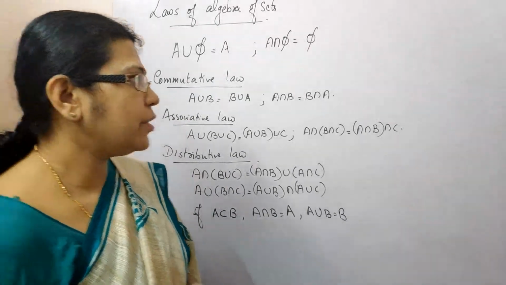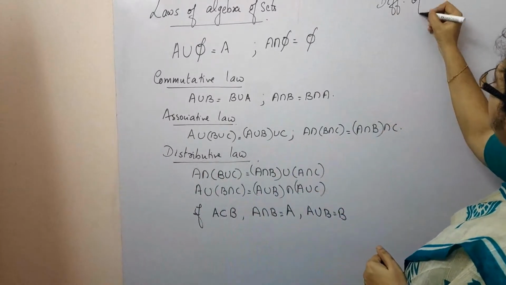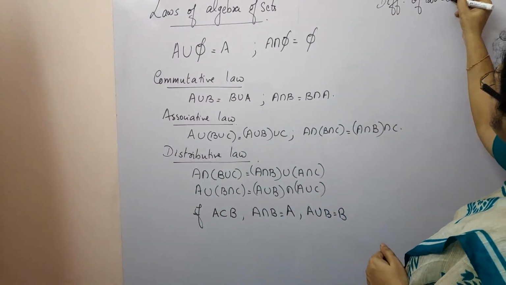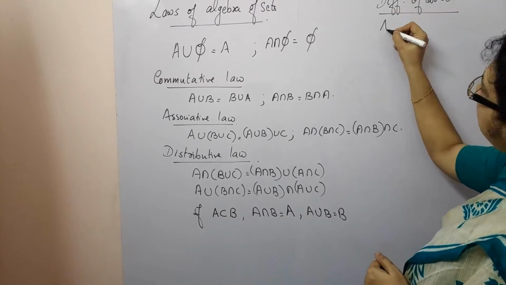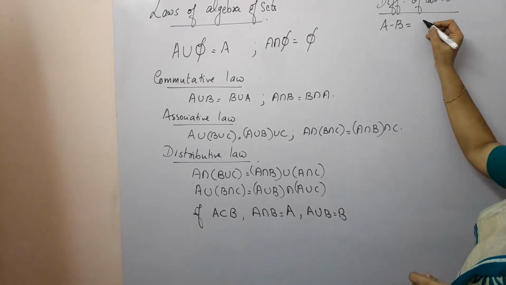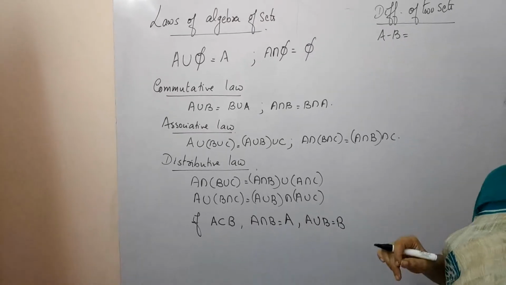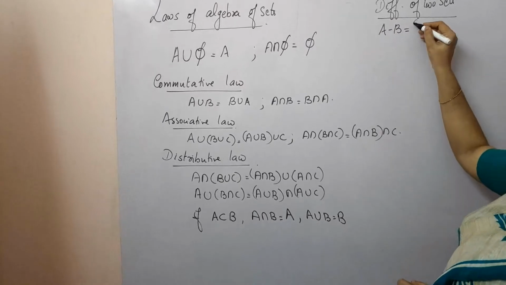Now we come to the next topic, that is difference of two sets. Meaning, if A and B are two sets, then A minus B is the set of all elements that belong to A but don't belong to B. Now, how can I write this in the set builder form?